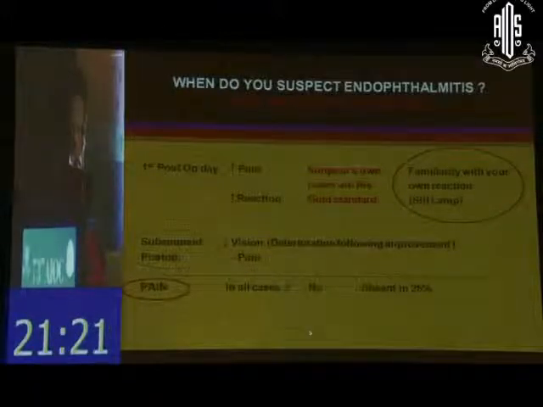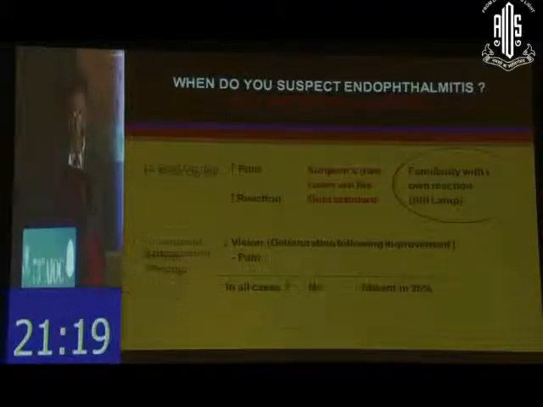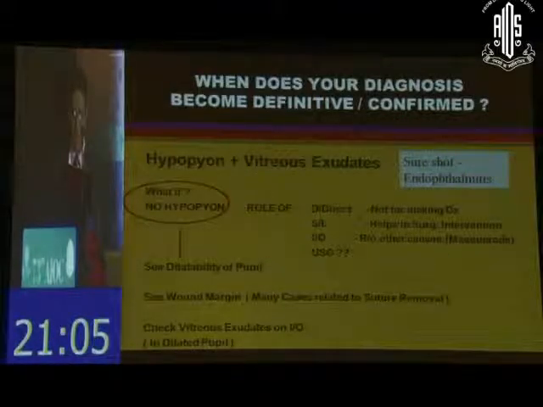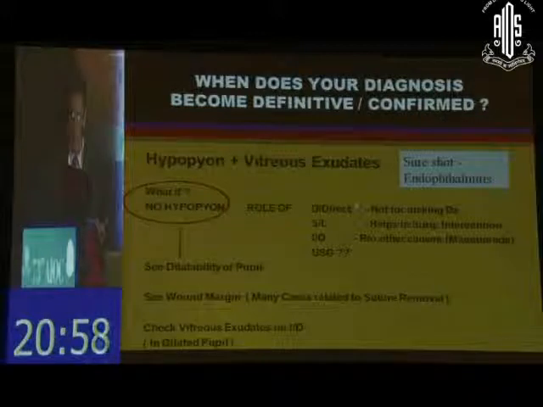Pain may be absent in 25% of patients of infectious endophthalmitis. Decreased glow is one of the most sensitive signs, may not be specific, but very sensitive. And subsequently, if you see exudates in the vitreous cavity, then the diagnosis is sure endophthalmitis. However, all patients may not show all these telltale signs of vitreous exudates and hypopyon.